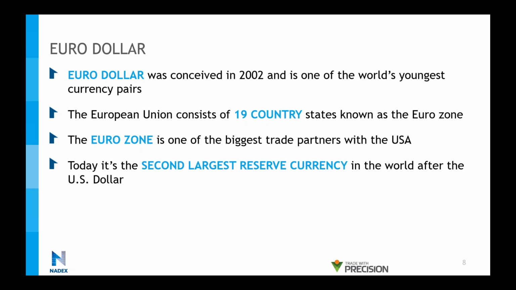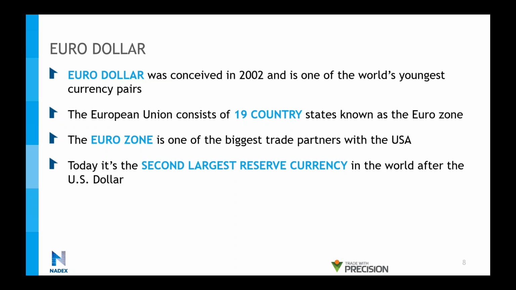And so, obviously, once the euro was established, physical currencies started back in 1999. In 2002, the big contract got started, trading the euro-dollar, and since then, this is one of the biggest contracts to actually trade in the markets.